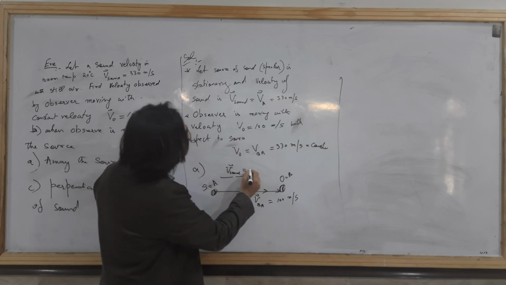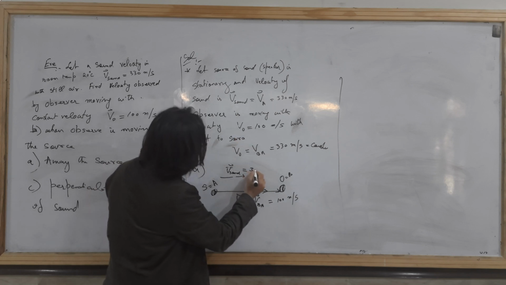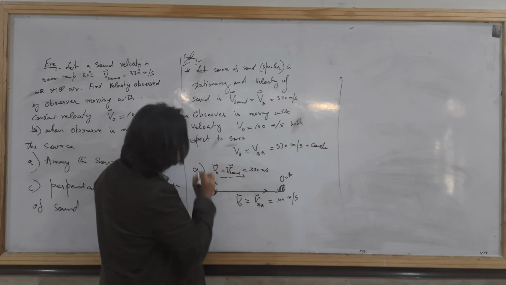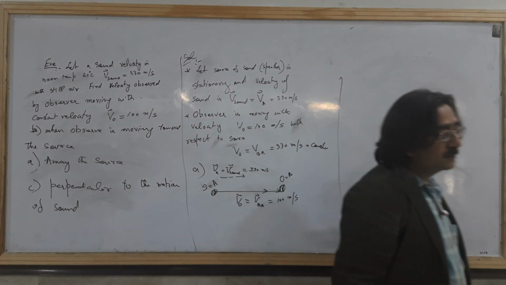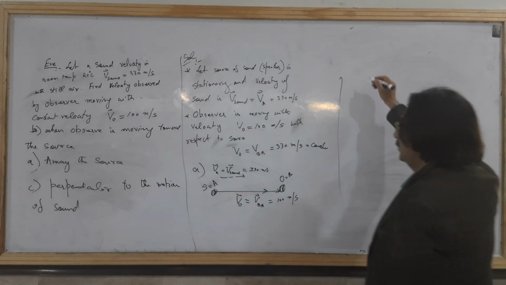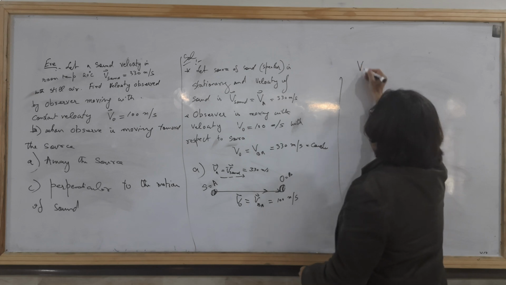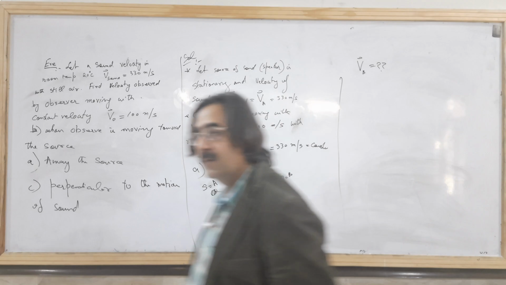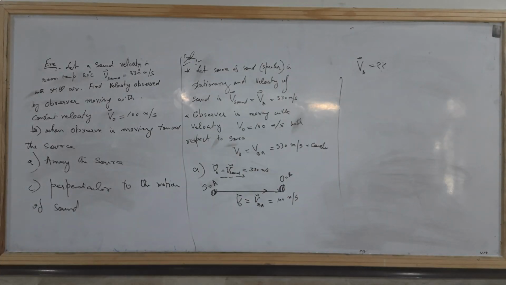That is 330 meter per second, and this is V. And we have proved that what we have to find is VB. Okay. And what is VB?